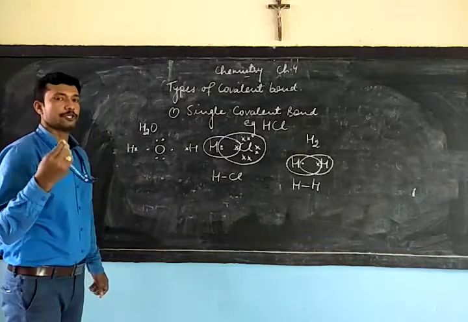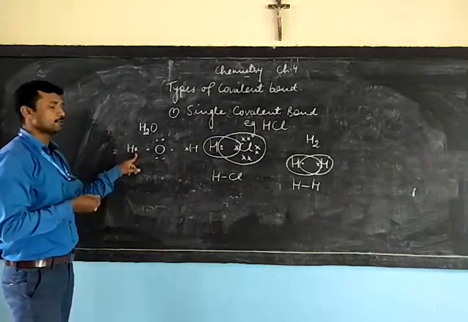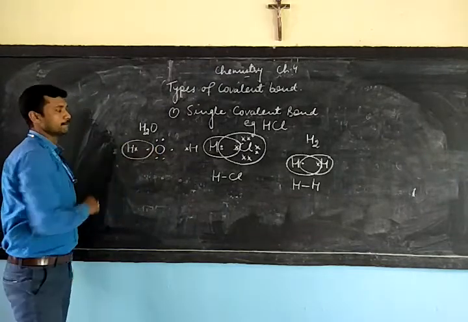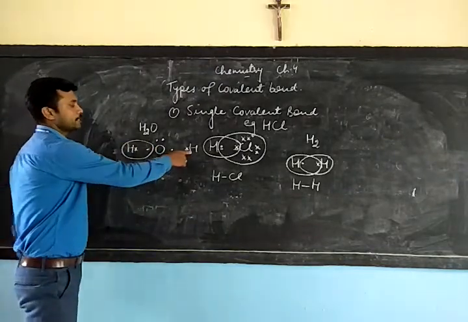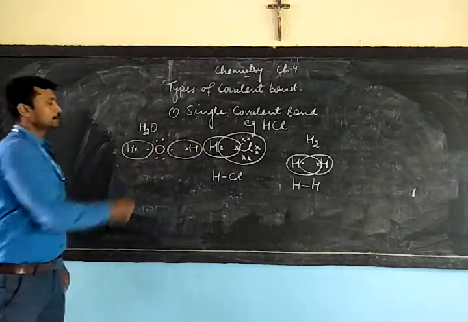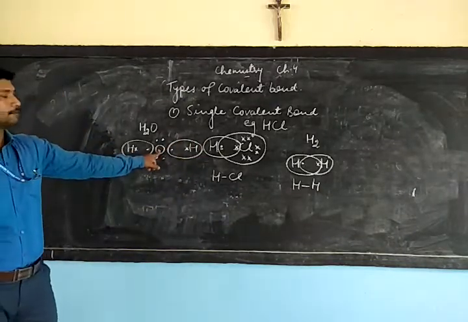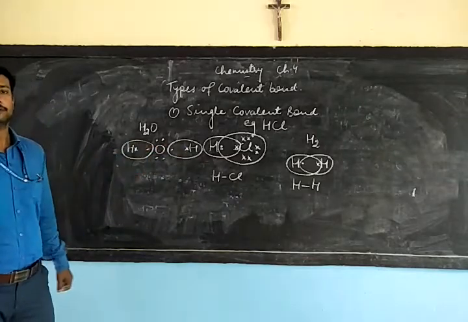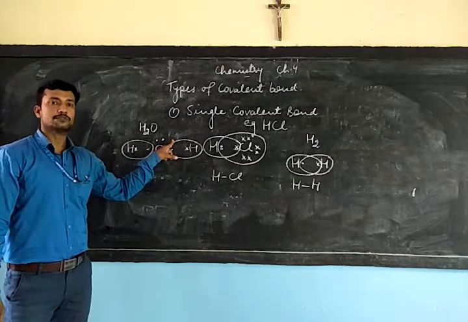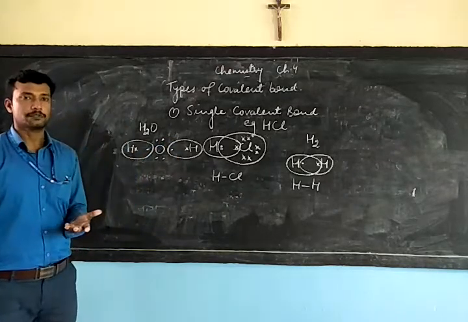Now let us do the sharing process. Hydrogen needs 1 electron to become stable. It will take from this oxygen atom. Same way this hydrogen also needs 1 which will be taken from the same oxygen atom and has become stable. Now oxygen, you can see it has 6 valence electrons, so it requires 2 electrons.